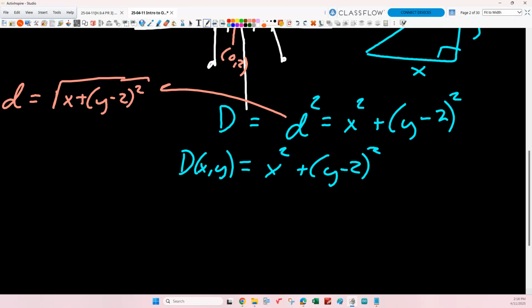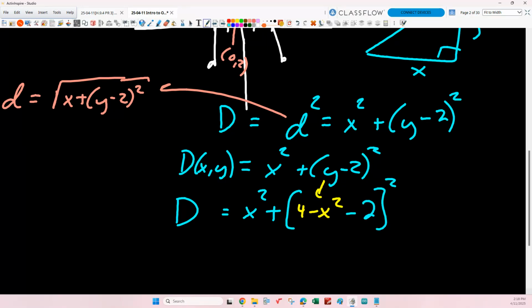So we get d equals x squared plus the quantity y, which was 4 minus x squared, wasn't it? Minus 2 squared.